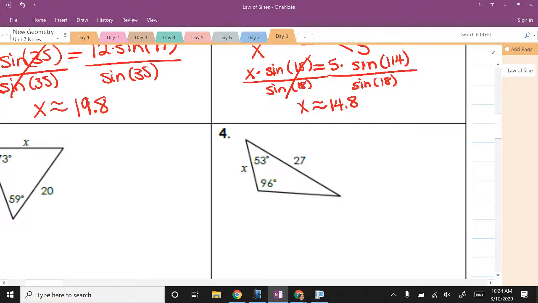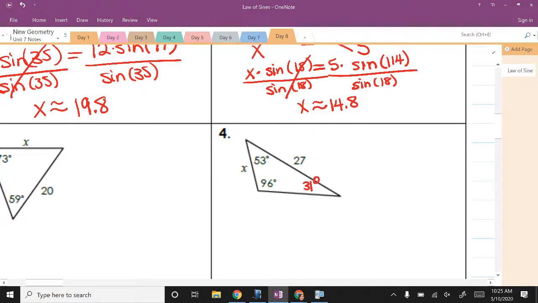Right. The triangle sum theorem tells me all the angles of a triangle have to add to be 180. So I can add the other 2 and subtract from 180 to get that missing angle. So sometimes you have to do that. So 53 plus 96 is 149. 180 minus that is what? 31. So we're going to use 31 for our angle right there.